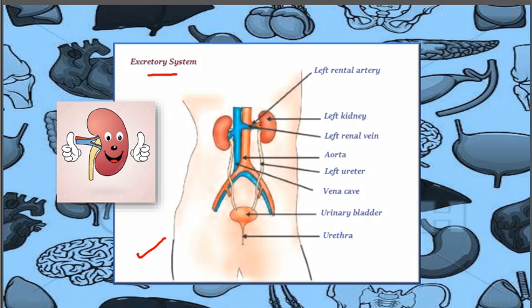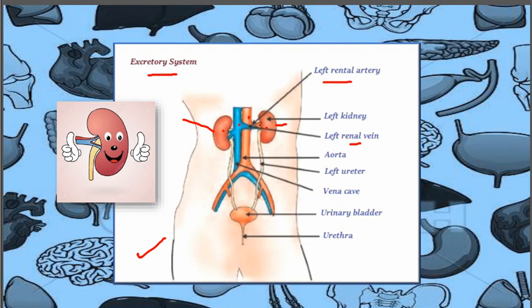In it you know that this red color is the pair of kidneys. You can see the red color and the blue color here. The red color is the left renal artery, and the blue color is the left renal vein. So this is the artery and vein. This is the left kidney and this is the right kidney.